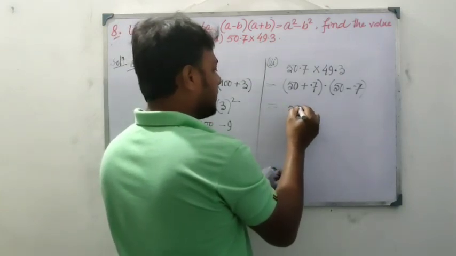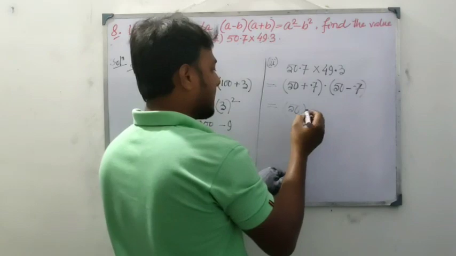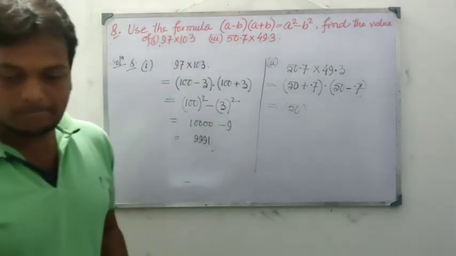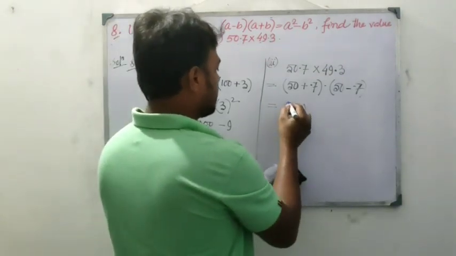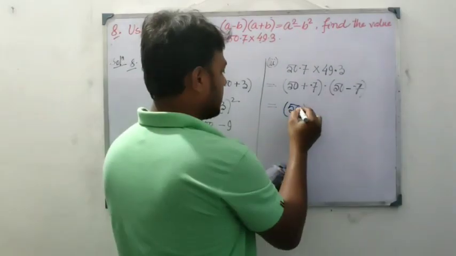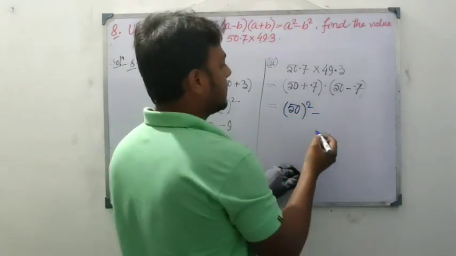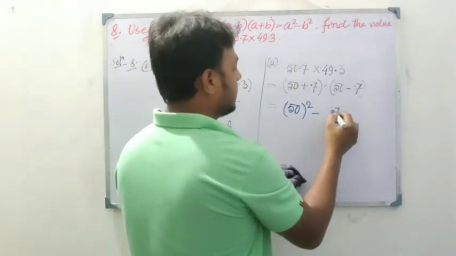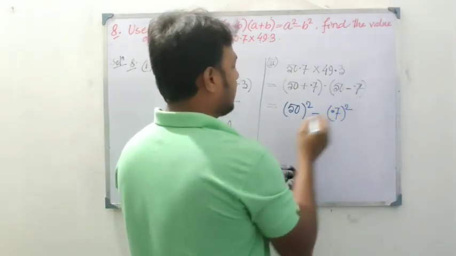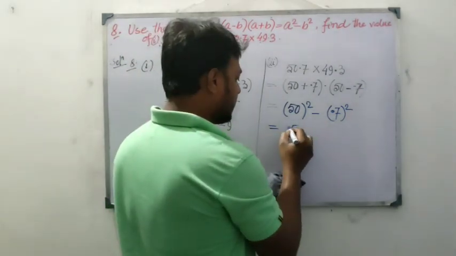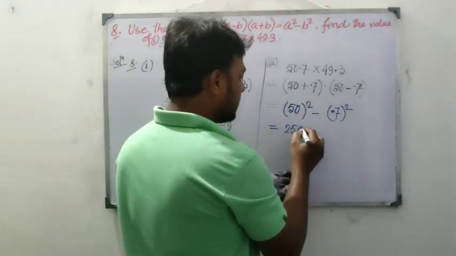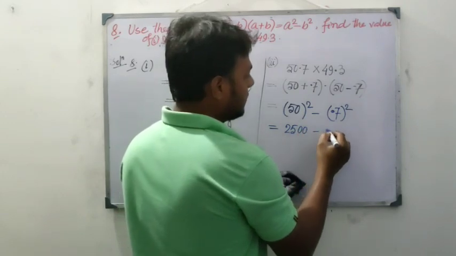value will be a square minus b square. So 50 square minus 0.7 square equals 50 square means 5 square 25, and for 10 we will consider 2 times minus 0.49.